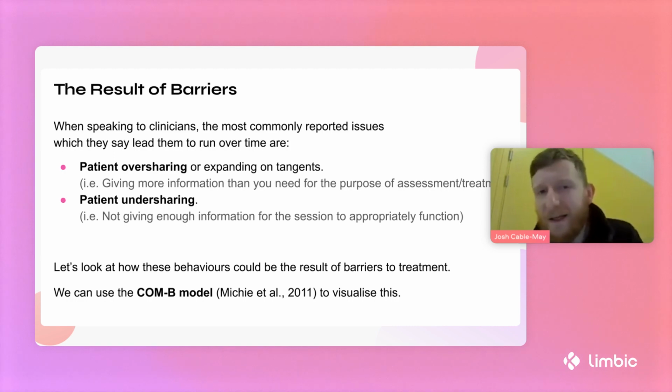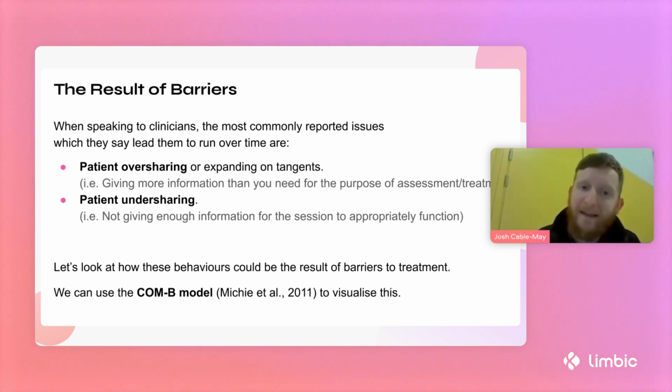I've also put together a few brief ones. And again, these are just some examples, but about why someone might be undersharing. So it might be that they can't see how this is relevant or helpful for them, and that's why they're giving you those one-word answers. It might be they don't understand how the CBT model, or your model of therapy if you're not a CBT therapist or PWP, applies to them.